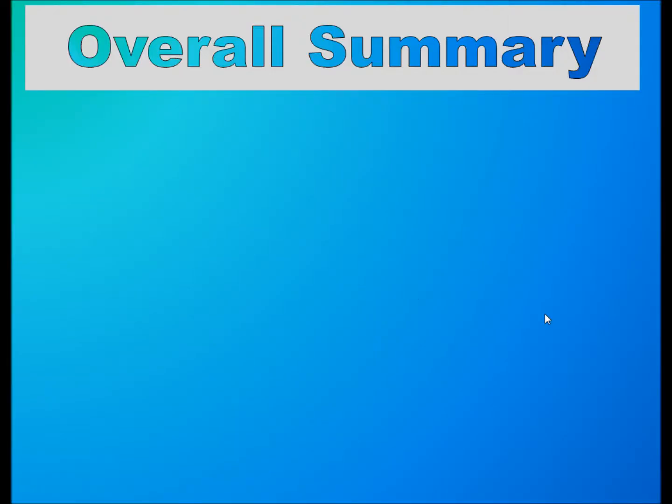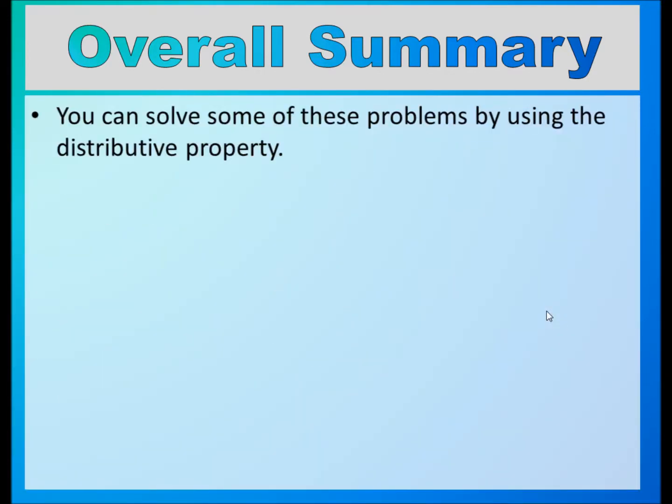There is another aspect to the overall summary. You can solve some of these problems by using the distributive property. For example, negative 5 plus 2 equals negative, parentheses, 5 minus 2. Negative 5 minus 2 is equal to negative, parentheses, 5 plus 2.